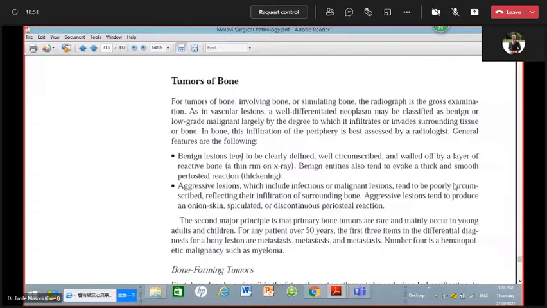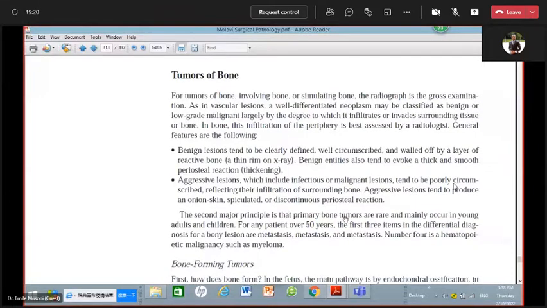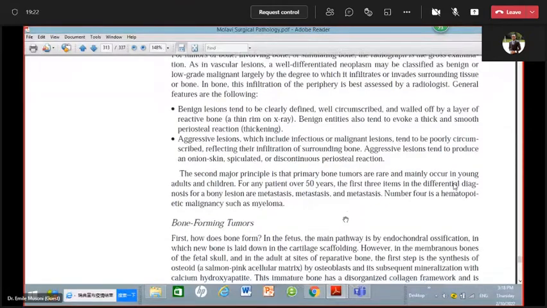They say benign lesions tend to be clearly defined, well circumscribed, walled off by a layer of reactive bone, whereas aggressive lesions, which include infectious or malignant lesions, tend to be poorly circumscribed, reflecting the infiltration of surrounding bone. Aggressive lesions tend to produce onion skin, spiculated or discontinuous periosteal reaction. This is the radiological image.